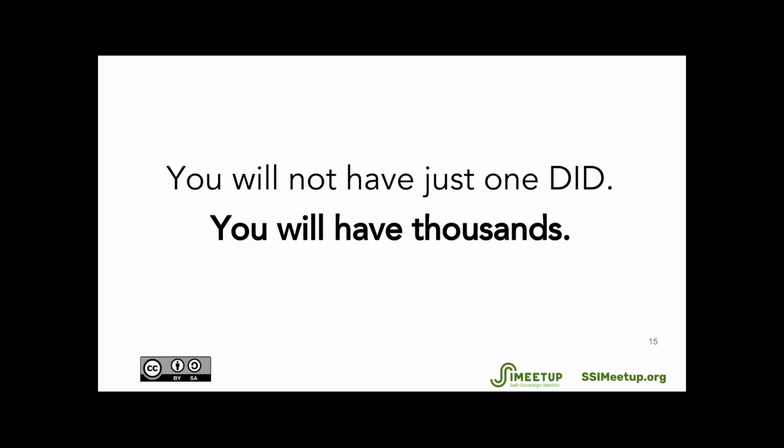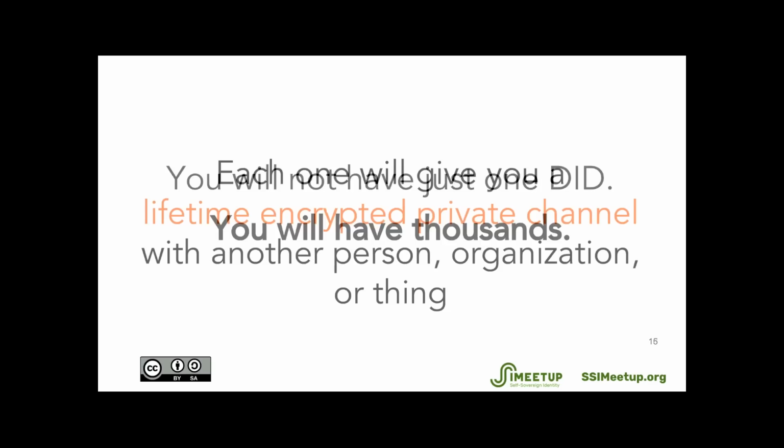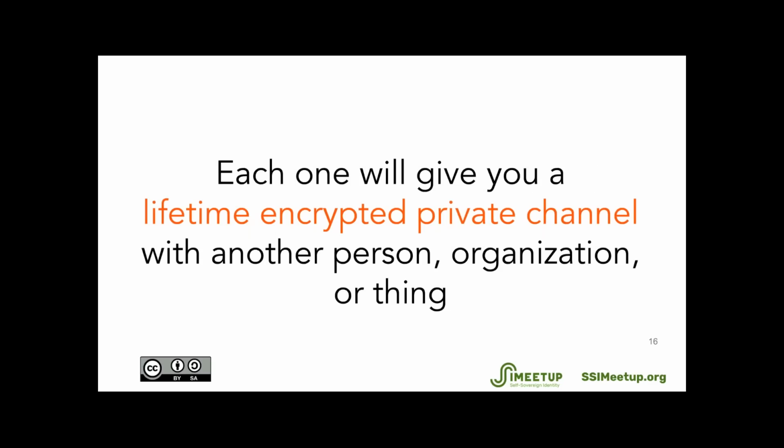Those cryptographic key pairs are only used with one other person or organization, which means every DID is not just an identifier, it gives you a lifetime encrypted private channel with that other party, that person or organization or thing that you've shared it with. All of us will have the capability to have private encrypted channels.